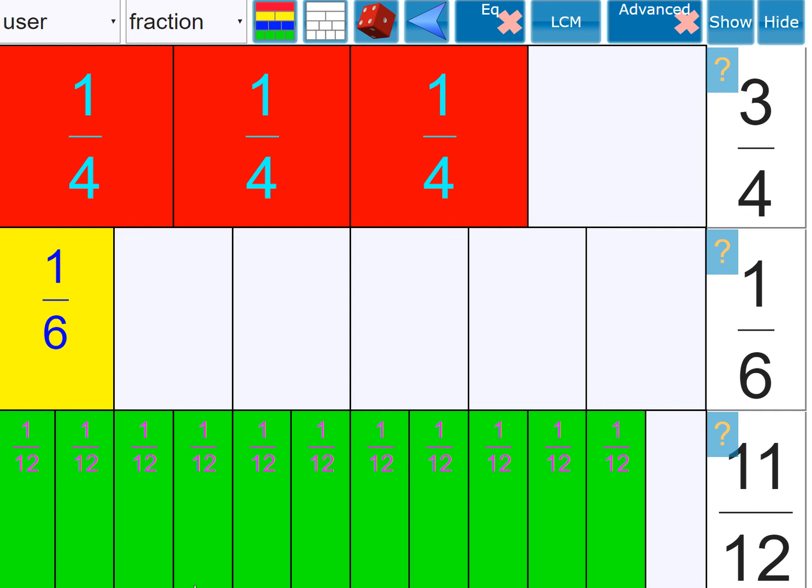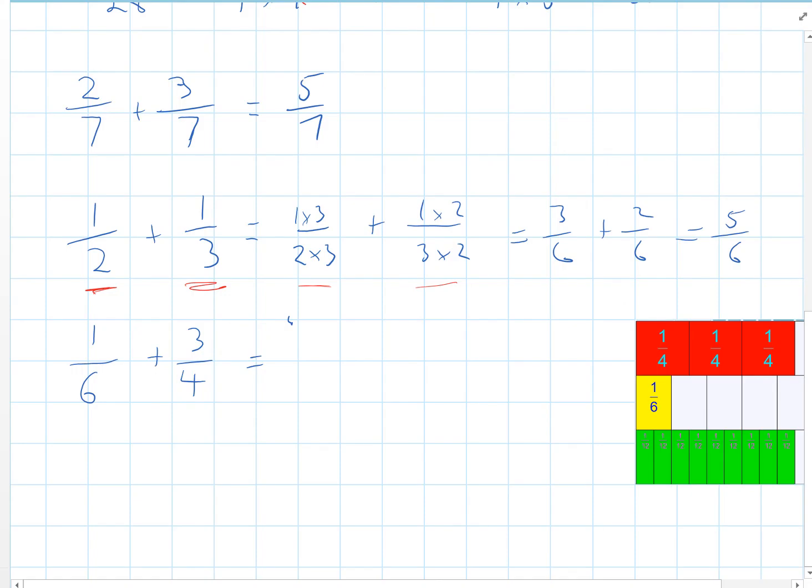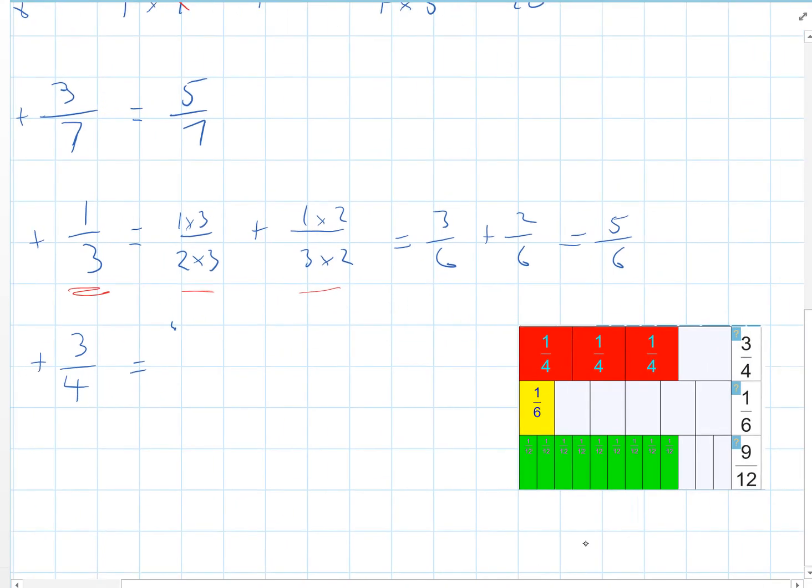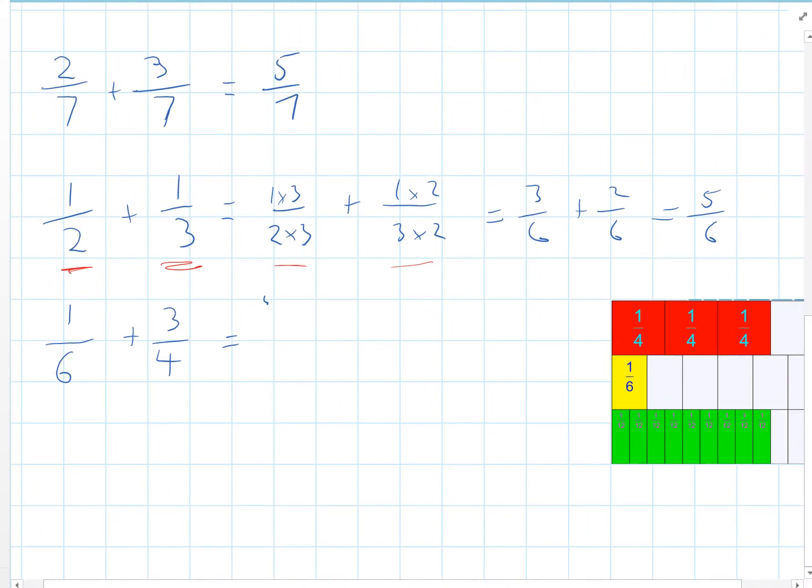Let's see what that looks like with numbers. So I know that for 1/6 and 3/4, a common multiple of 6 and 4 is 12. They both go into 12, so I'm going to have my common denominator of 12. How do I get there? What do I times 6 by? 2. And because I've times 6 by 2, I've got to times the top by 2.